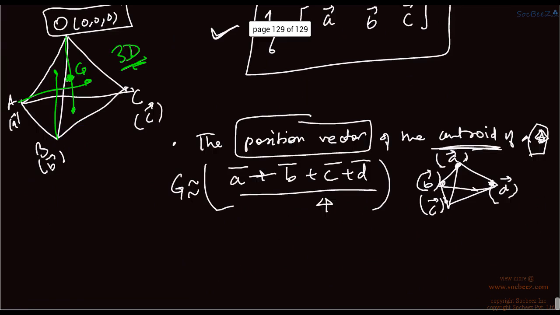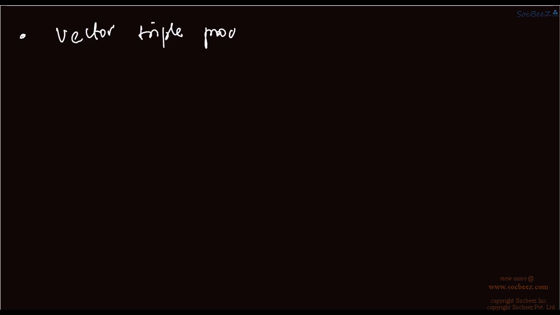Fine. We'll move on to the next point, which is the vector triple product. The scalar triple product is much more important than the vector triple product.